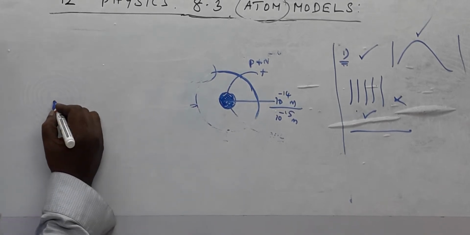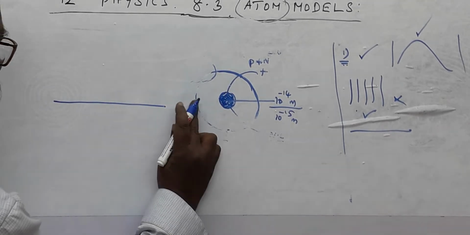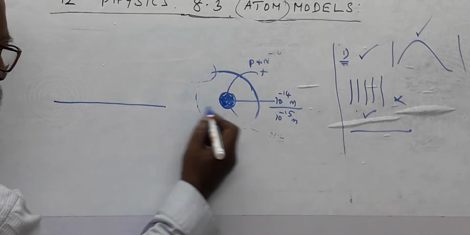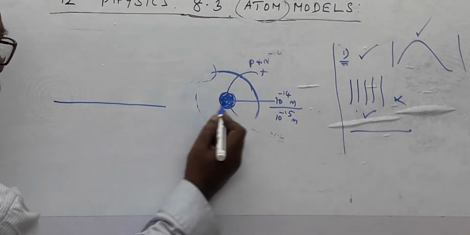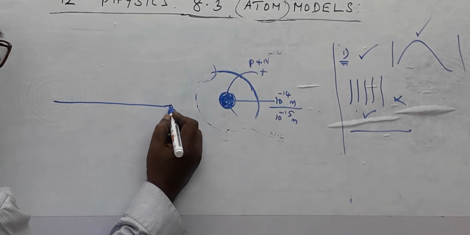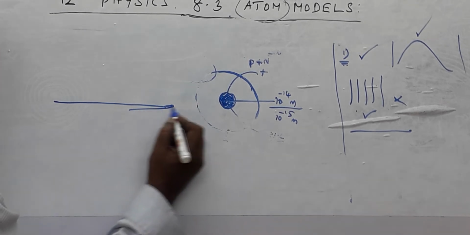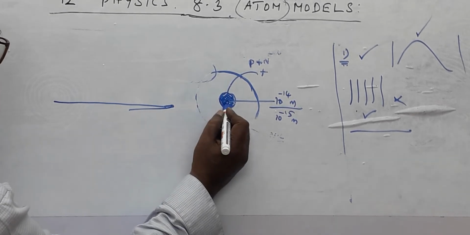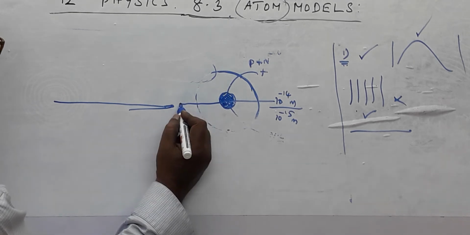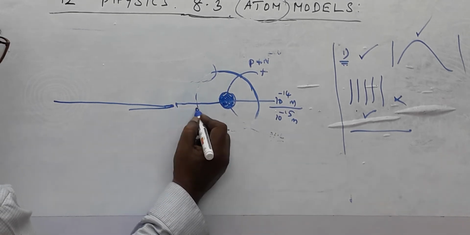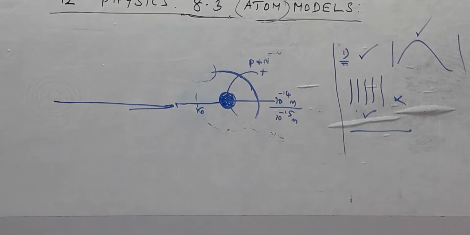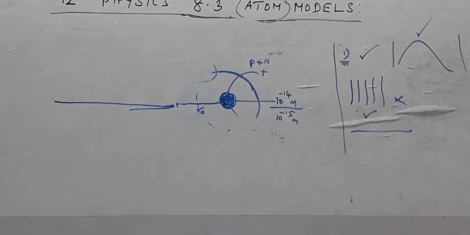When the alpha particle moves close to the nucleus, it may be reflected before reaching the center of the atom at a particular distance. This distance is called R0. That value is called the distance of closest approach.